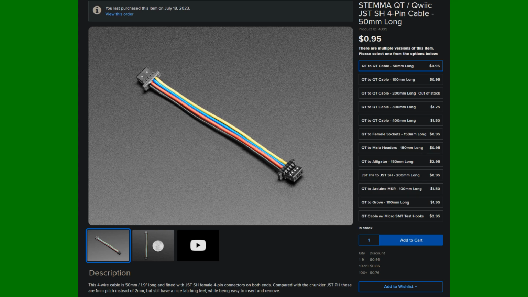You just buy the Stemma QT connectors as well, these guys, and you can just plug one sensor into another sensor. You don't even have to use a breadboard at all. So that could save you a bunch of space and some weight as well. Noah, could you add that link to the proposal if you don't mind? Yep. Appreciate it.